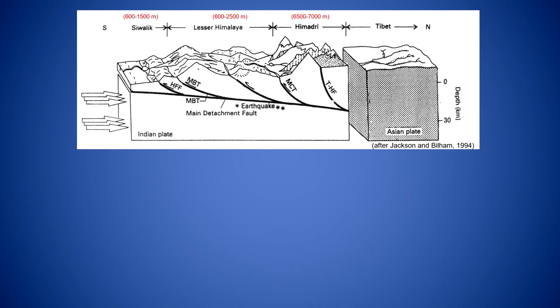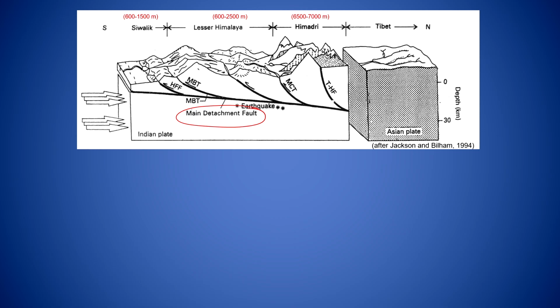So, if you look at the section and the topography of the Himalaya, then we have the main detachment fault, which is also termed décollement, and we have 3 major ranges if we start from the north and come down to the south, and then we have the Indo-Gangetic plains. Okay.